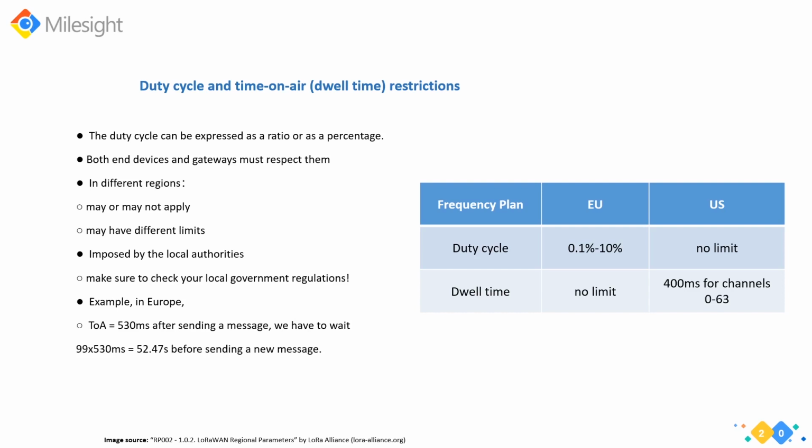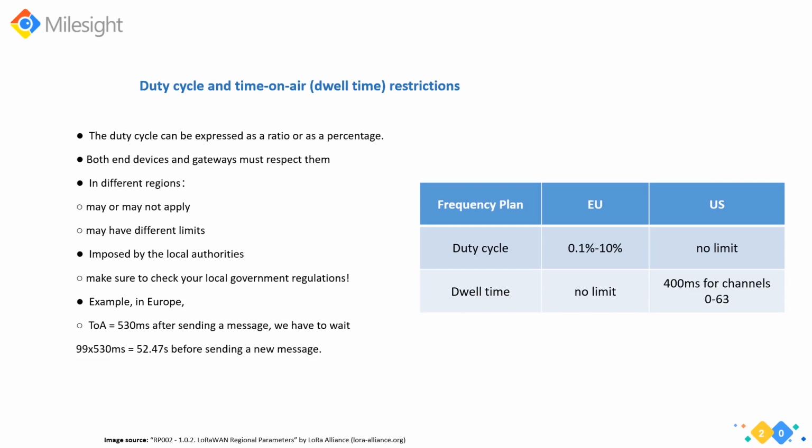For example, in Europe, you have a duty cycle of 0.1% to 10% per day, depending on the channel. To respect the 1% duty cycle, for example, after sending a message, we have to wait about 52 seconds before sending a new message. So these restrictions vary in different regions.